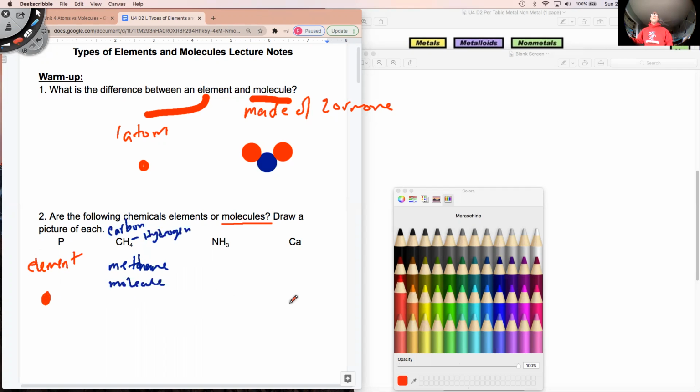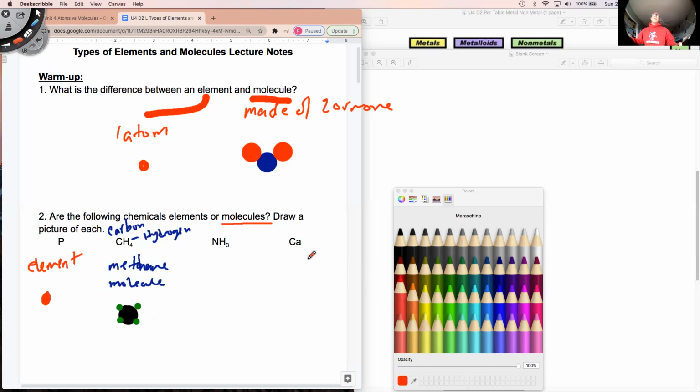So if we were going to draw that, we have carbon, usually represented by a black element, and then going around the outside, we would have 4 hydrogens. So we'd have 1, 2, 3, 4, and that would be our methane molecule.